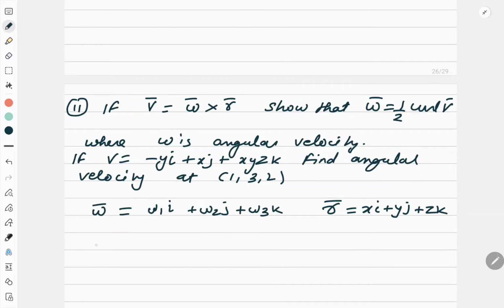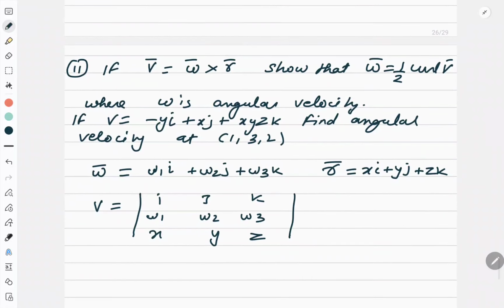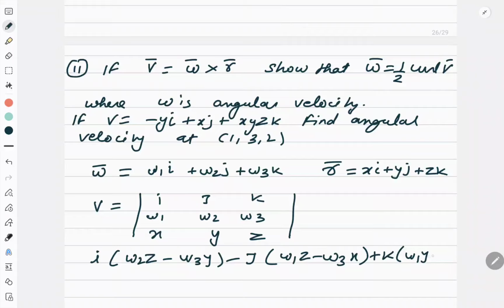Okay, so now it is given that v is equal to the cross product of these two. So basically v is: i, j, k, w1, w2, w3 and x, y, z. So this is equal to i (w2z minus w3y) minus j (w1z minus w3x) plus k (w1y minus w2x).